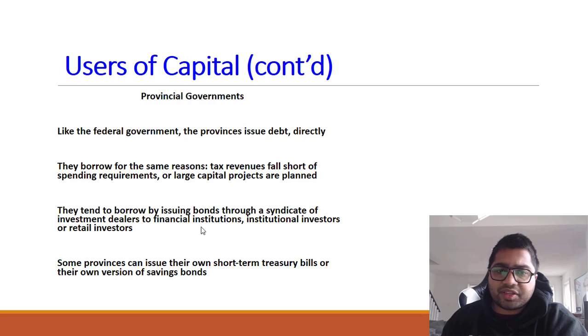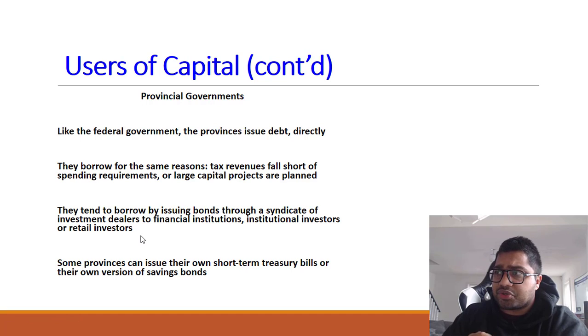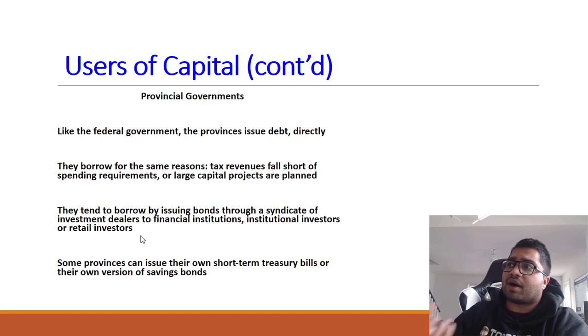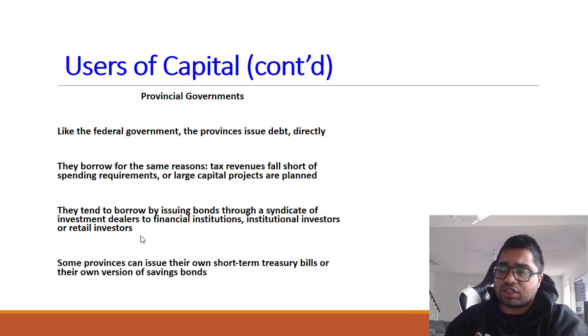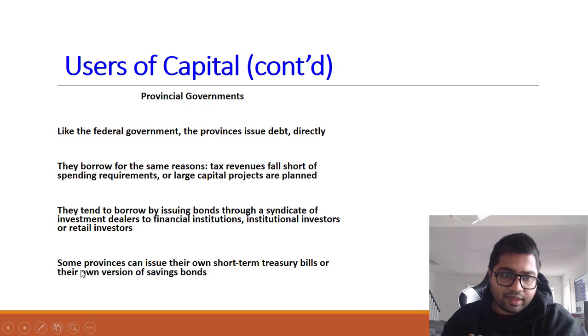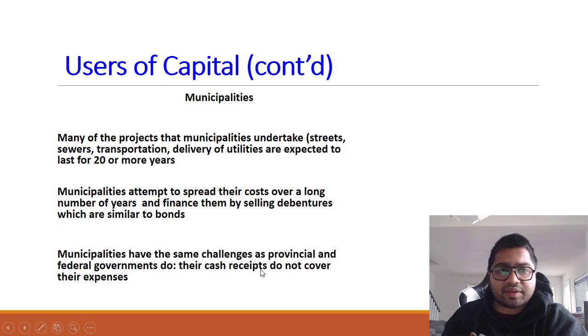They tend to borrow by issuing bonds through a syndicate of investment dealers to financial institutions, institutional investors, or retail investors. Now, Montreal in this case is mostly issuing debt to a pension fund. So pension funds are buying that project, and whatever revenues that are going to be generated from the project will go to pension funds. Some provinces can issue their own short-term treasury bills or their own versions of saving bond.